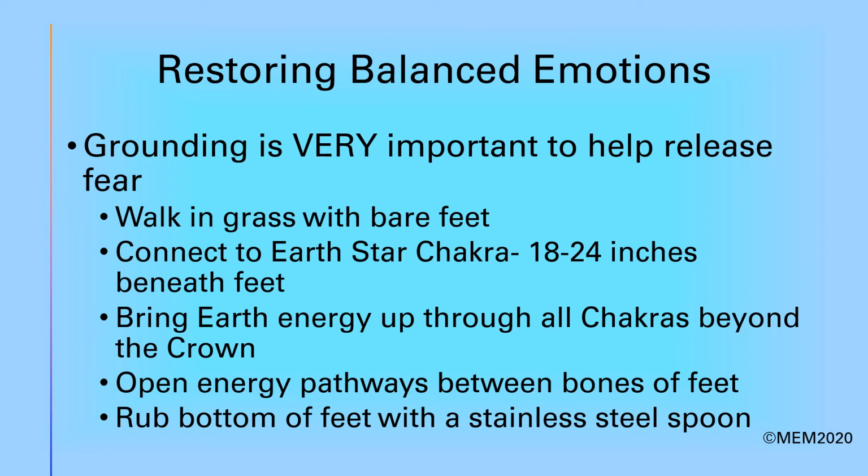And we want to connect to that earth star chakra so that we can have all the energy of the earth come up through that chakra, up into our root chakra, and traverse our whole body, going up through all of our chakras, balancing them, going out to the universe, and then the universe returns that energy back down all the way through to the earth star chakra. So we are a cycle of energy, a complete fountain and cycle of energy, up and down and around through all of our chakras.